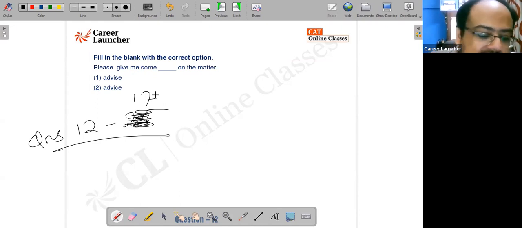Questions 12 to 17. These 6 questions. Vaishnavi, 12th is correct. Thirteenth also correct, Vaishnavi.